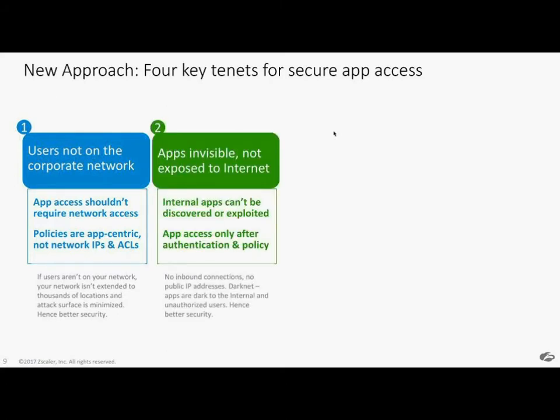The applications are invisible. We never expose those applications to the internet. So applications can't be discovered. The VPN is removed. So the VPN as an ingress to your network is removed as well. And indeed, even the applications are invisible. We only provide access to the relevant applications to the users after we've applied a policy.